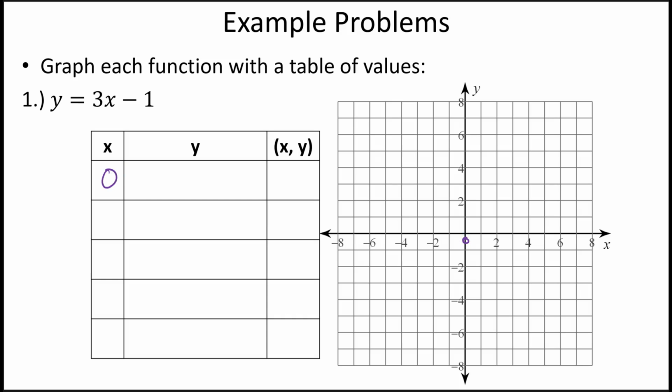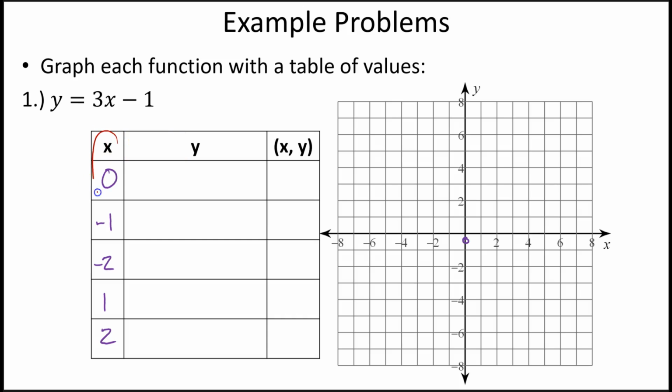And then for most of our equations, we want to usually pick some numbers around 0 to work with. So I'm going to go ahead and pick negative 1, negative 2. I like using the ones just right around 0, so those are the ones I'm going to use. You can pick, again, different ones if you would like. So 0 is going to be plugged in.